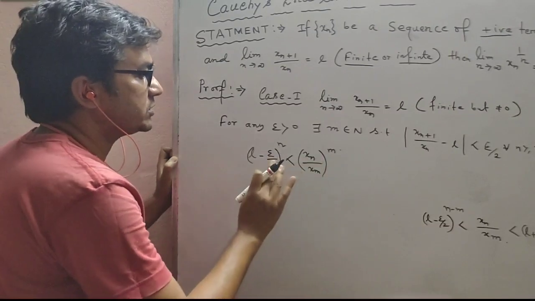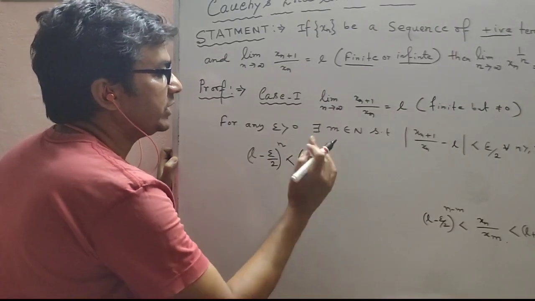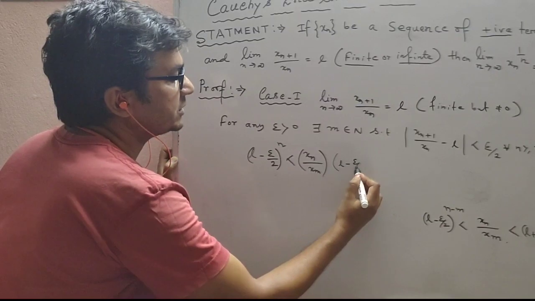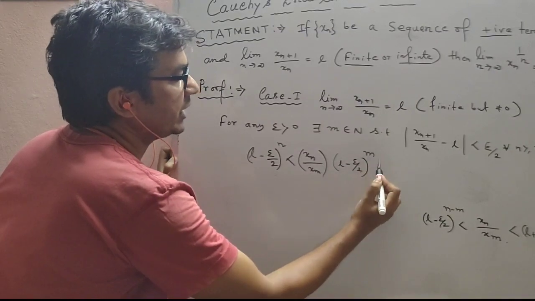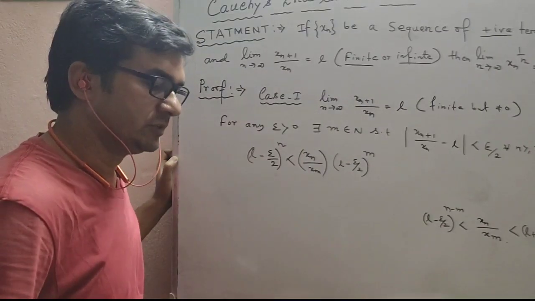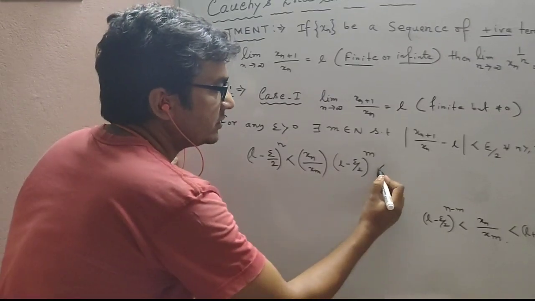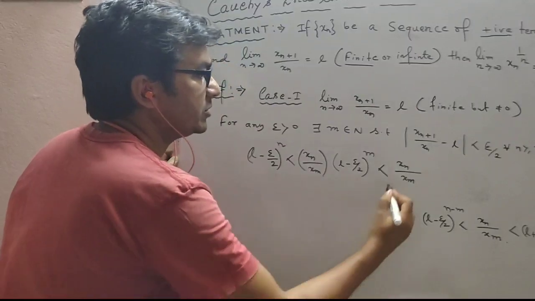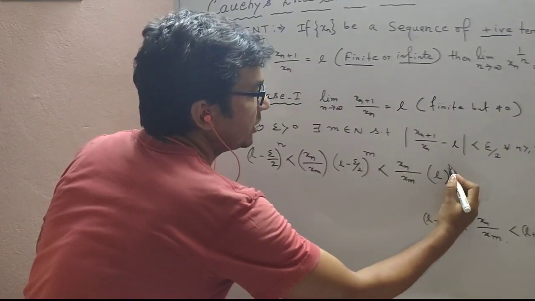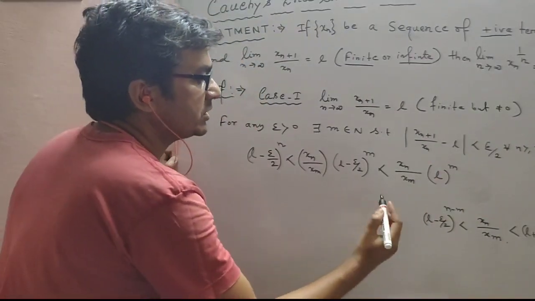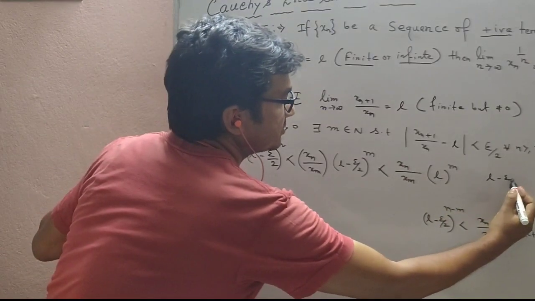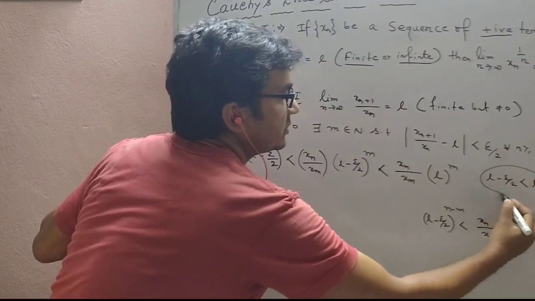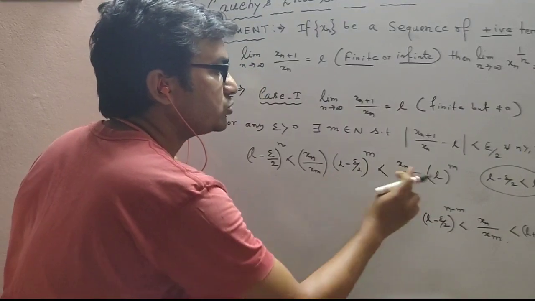Now this is not correct. We get L minus epsilon by 2 to the power m less than xn by xm into L to the power m, because L minus epsilon by 2 is less than L. So we can write from this to this.